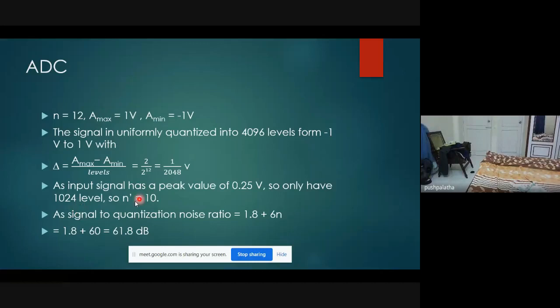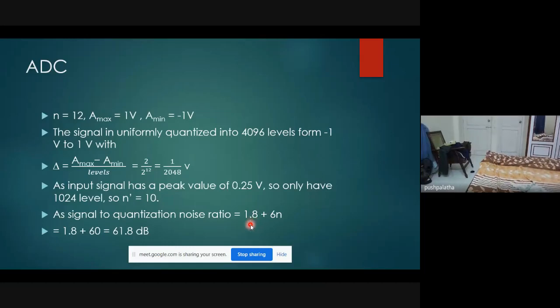It is an approximation in quantization. You know that the signal to quantization noise ratio for an analog to digital converter is 1.76 dB plus 6.02 N. So we all came to the formula 1.76 dB plus 6.02 N. The 1.76 dB is a correction factor for the quantization noise.